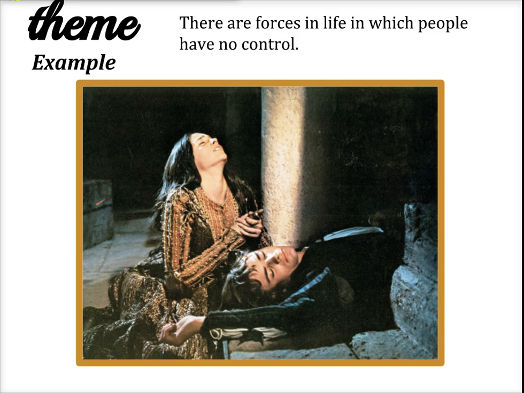So all these things were forces that they had no control over. So we could say because of these events that occurred that have to do with forces or fate, we can say that one of the themes in Romeo and Juliet is that there are forces in life over which people have no control.